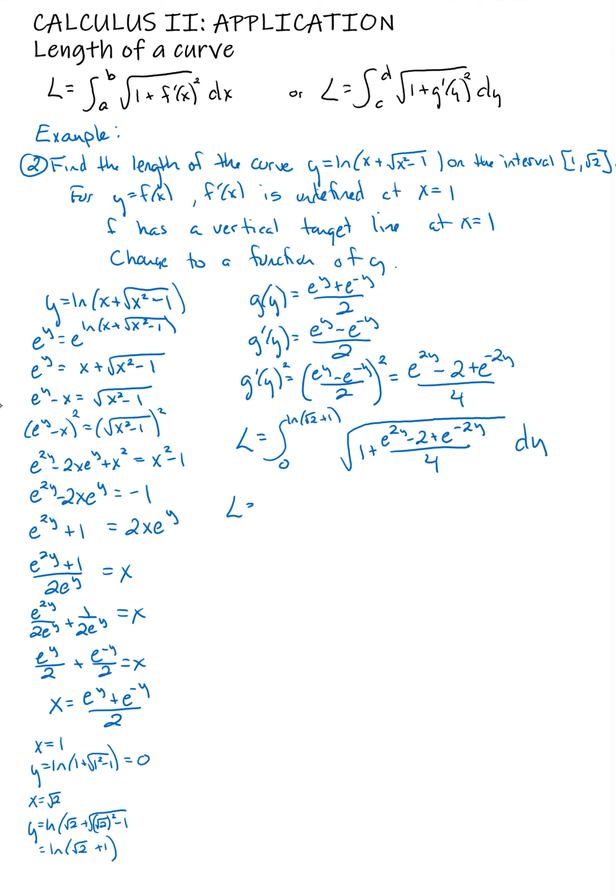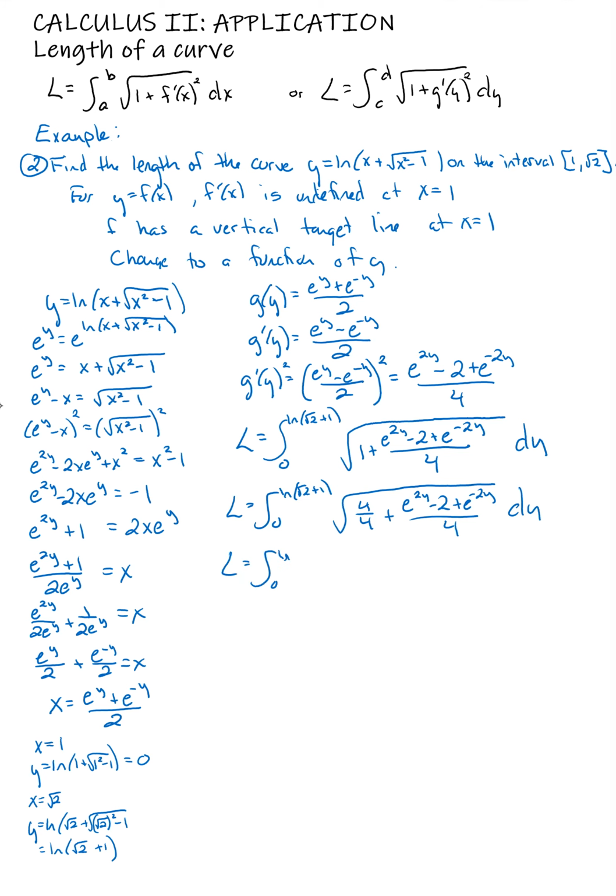Okay, let's see. What can we do with this? It's not looking too pretty right now. But I can combine like terms, right? I have a fraction and a non-fraction. Let's put them together. There are a few ways you can simplify this. I'm just going with this one.